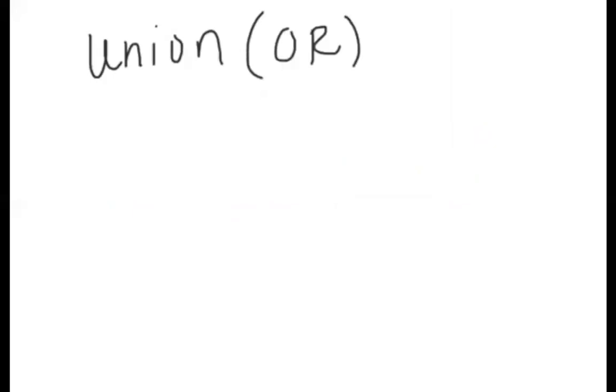Now, we're going to move on to the second one, guys. And that is the union. For the union, guys, we use the word or to reference the union. The symbol we use for that is U. And so, what is the union? The union represents all the elements from both sets or from 2 sets combined.